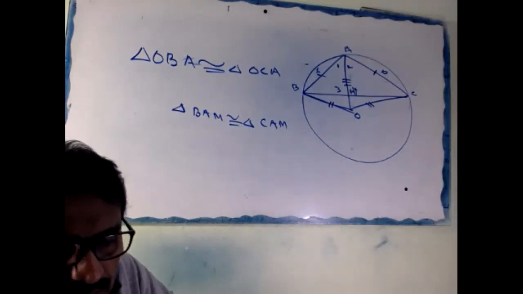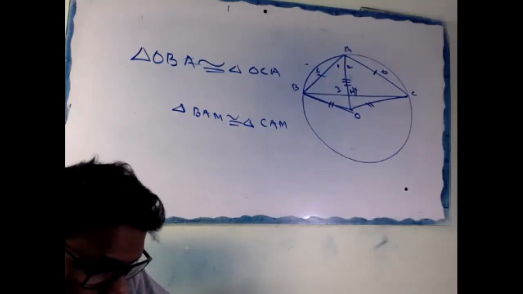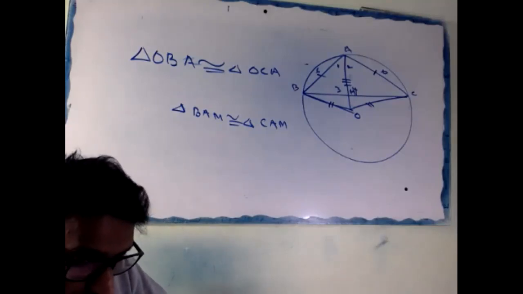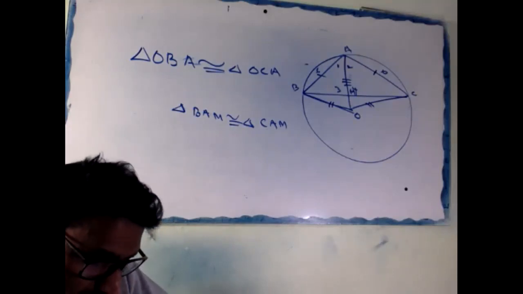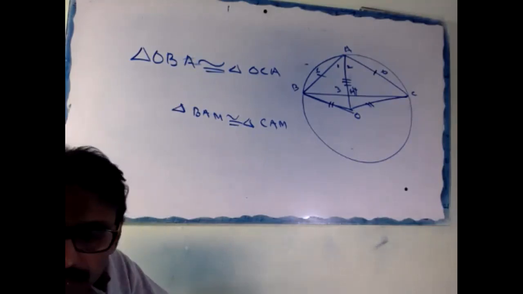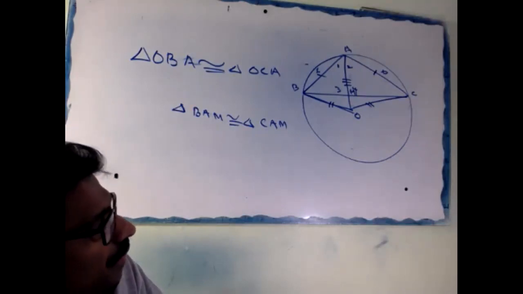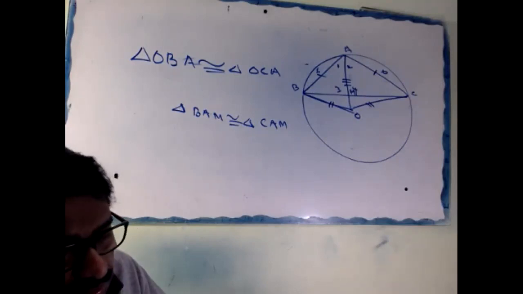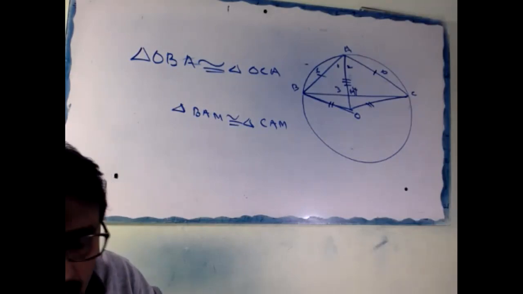Area of triangle OAB, using Heron's formula. Sorry, OA equal to 5. So a equal to 5, b equal to 5, c equal to 6. Okay, do that first. Then tell me how much you got.